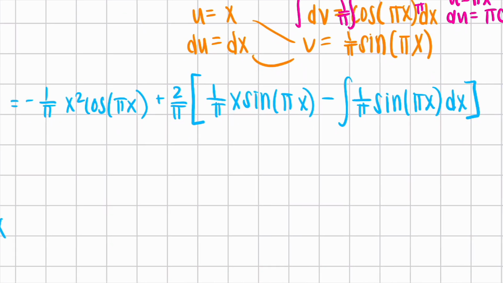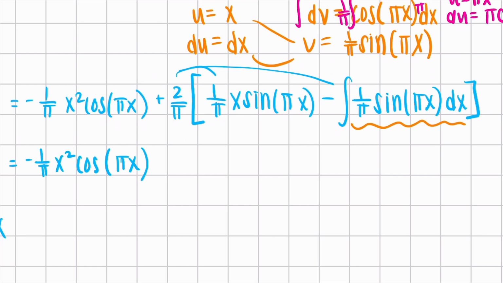And at this step, now I can integrate this integral, and I don't need to do integration by parts again. Now I can just do a regular u sub. So I'm going to copy that first term again, and I'm going to distribute this 2 over pi. So I get plus 2 over pi squared x sine of pi x.